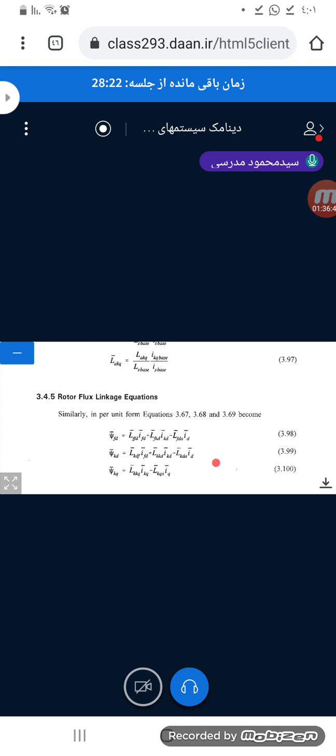You see in equations 3.98, 3.99, and 3.100, all of the values in these equations are per unit.